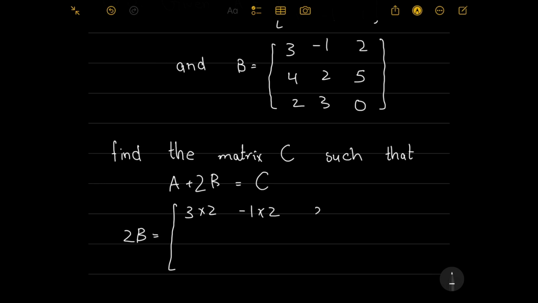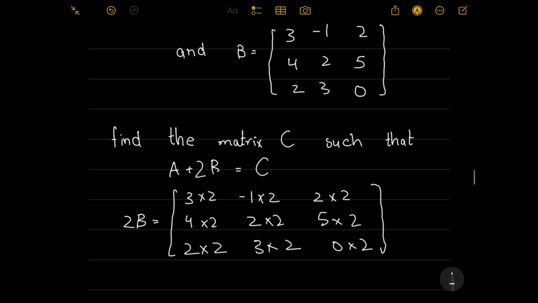So matrix B, 2B would equal 3 into 2, and then minus 1 into 2, then 2 into 2, then 4 into 2, this into 2, 5 into 2, 2 into 2, and 3 into 2, and 0 into 2.